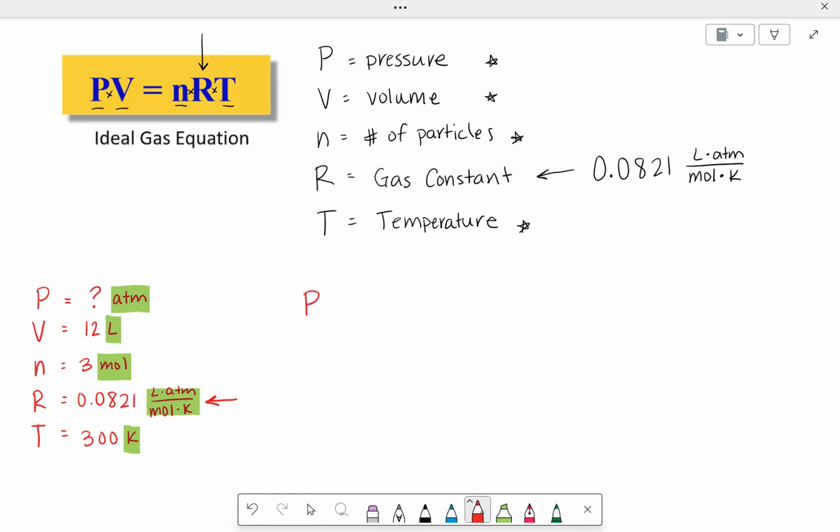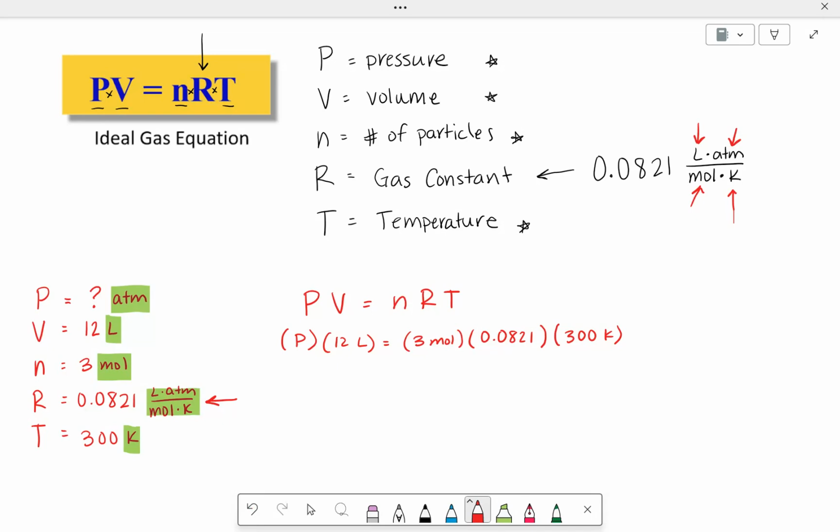You can either keep your equation together and just plug and chug. The only unit I would be okay with you slacking on is the gas constant, because that's a lot of units in there. I'd be okay if you miss that unit, as long as you know what it is, because you need to know liters for volume, atmosphere for pressure, and so on. You need to know what those are.